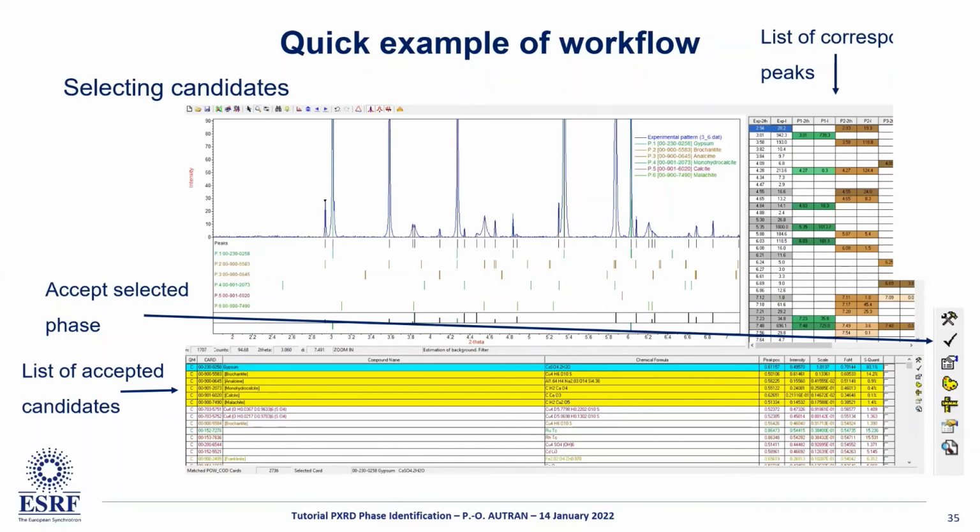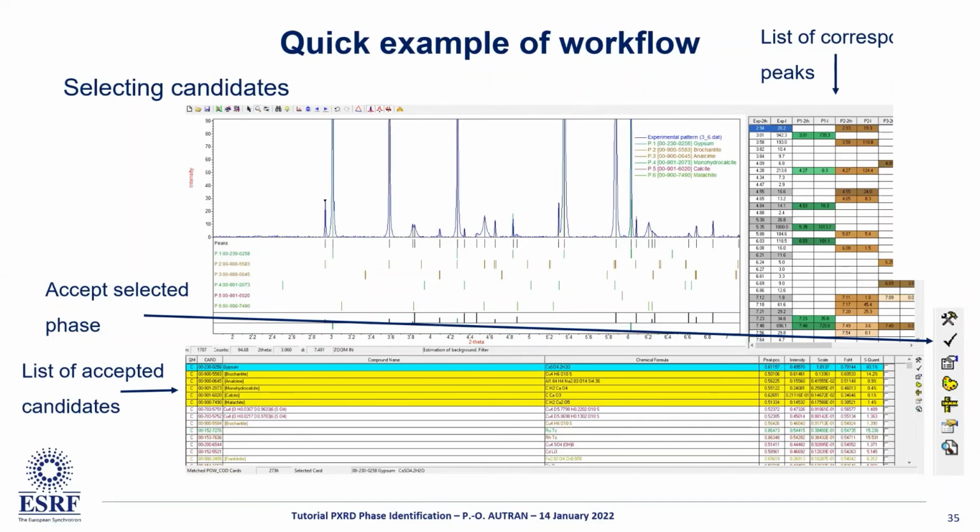Once you have done that, you start to accept phases. When you feel that you have a good phase, you click on accept, the little tick on the right of the software page.